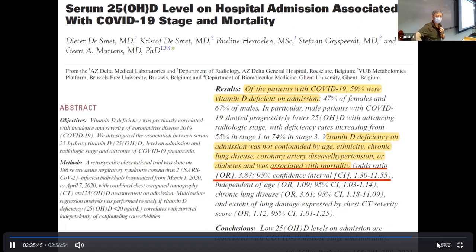So of course, you will see reports indicating an association of vitamin D deficiency and mortality. That means the worse off they are, the higher the mortality in the COVID subjects.